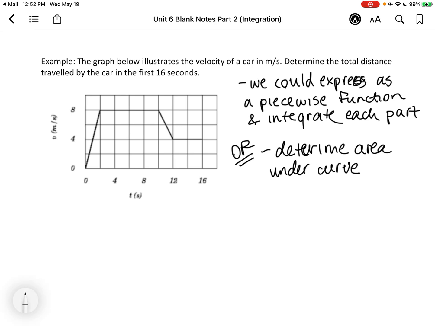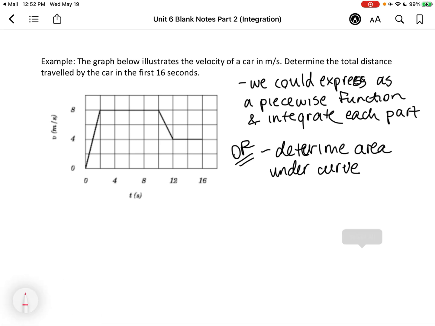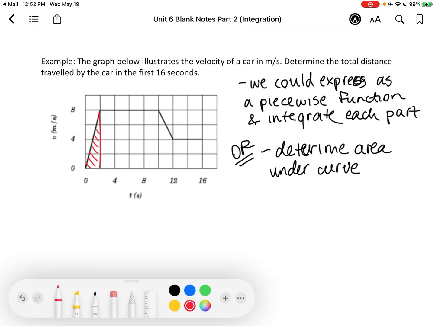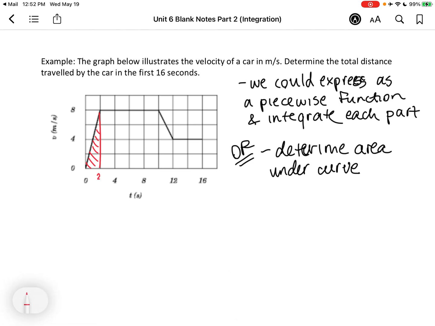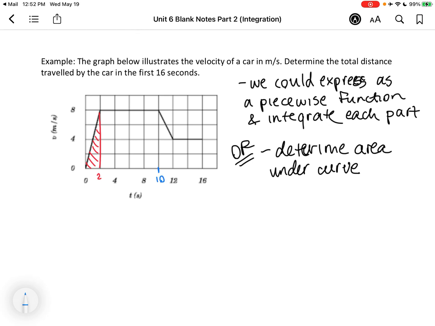Okay, now the area under the curve from t equals 0 to t equals 16, we're going to have to break this up a little bit because it's made up of different shapes, right? So from here to here we have a triangle. And then, so that's from 0 to 2. And then from 2 to, let's see here, that's 10. We have a rectangle.